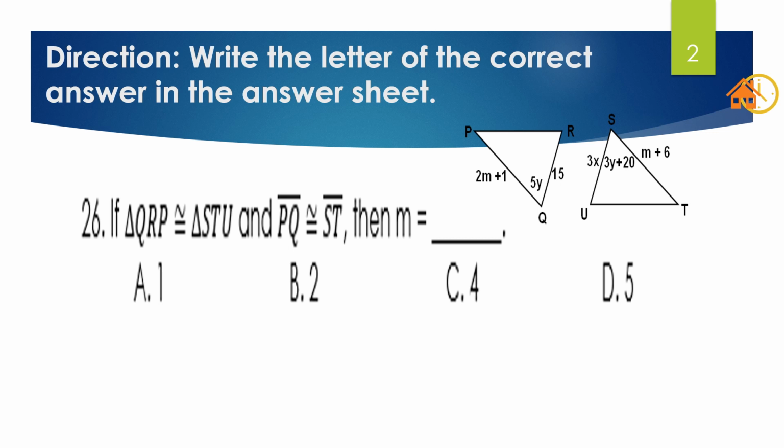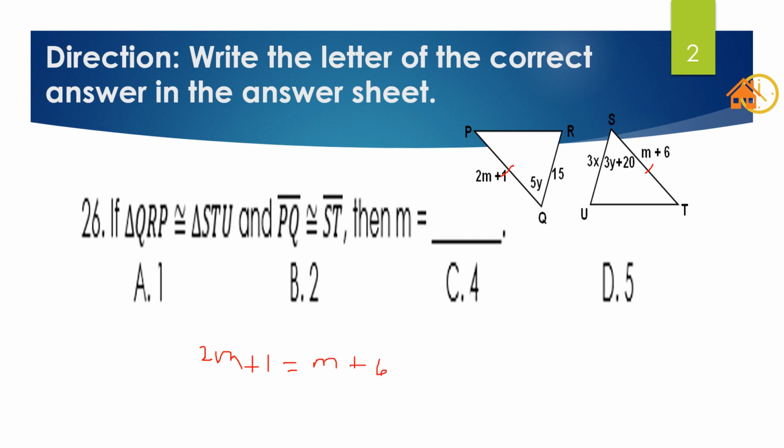Okay, so this is a continuation from part 1. If triangle QRP is congruent to triangle STU, and segment PQ is congruent to segment ST, then the measures are equal. To get the value of M, we have 2M plus 1 is equal to M plus 6.